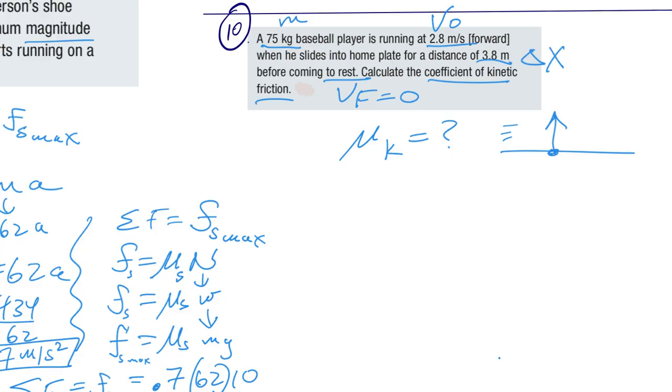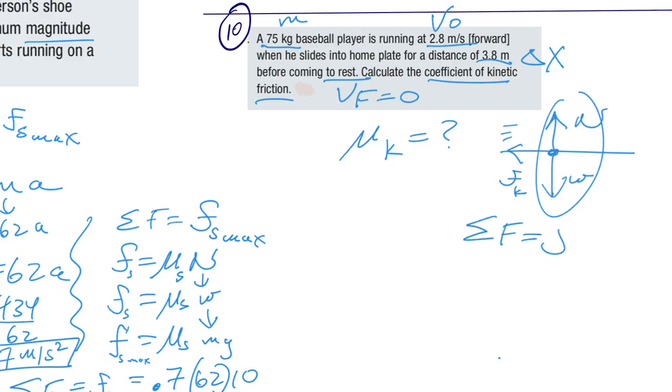So there's the normal force. Here's the weight. There's no forward force, but there's friction, the kinetic friction, in the opposite direction of where it was moving. So these two cancel out, and the net force would equal the kinetic friction.